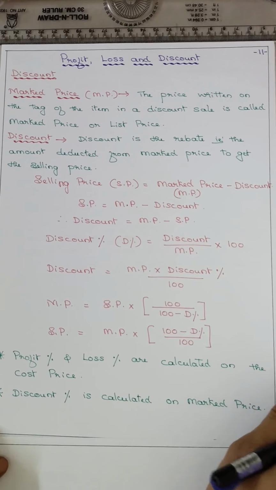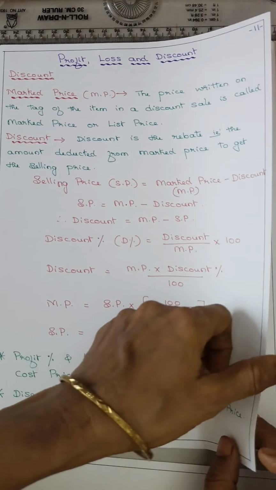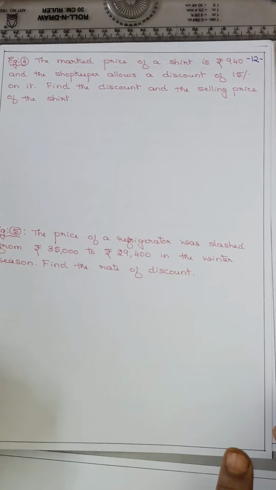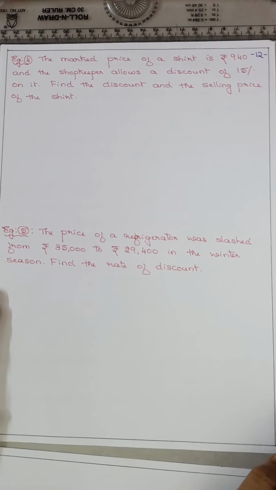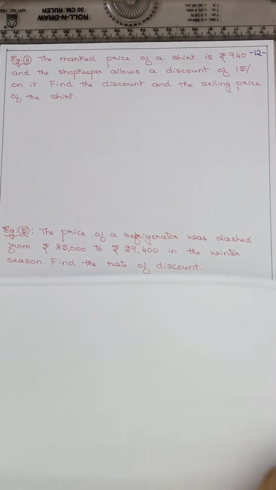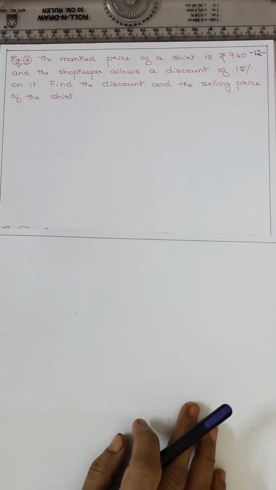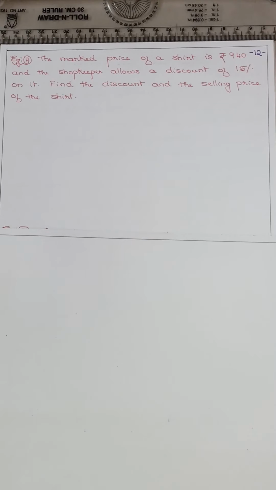Now coming to the examples. So the example 4. The marked price of a shirt is 940 and the shopkeeper allows a discount of 15% on it. Find the discount and the selling price of the shirt. So it is comparatively an easy sum.